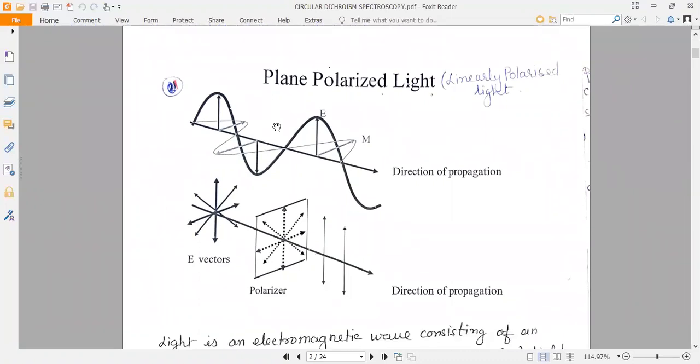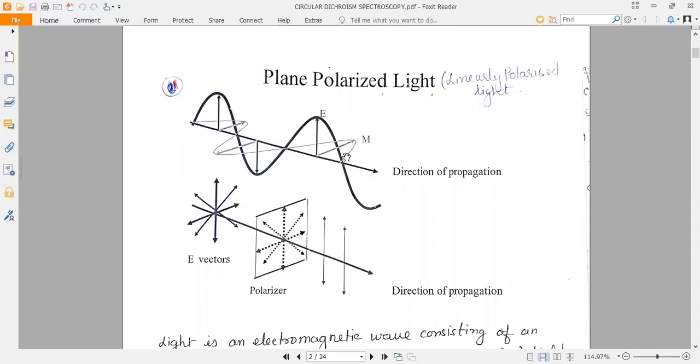You can see there is a wave which is propagated in this direction. This has two vectors which are perpendicular to each other. This vector E represents the electrical vector while M represents the magnetic vector, and these are perpendicular to each other.